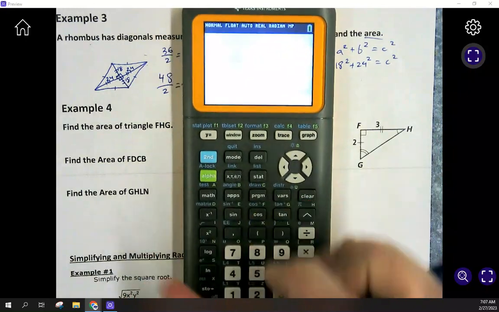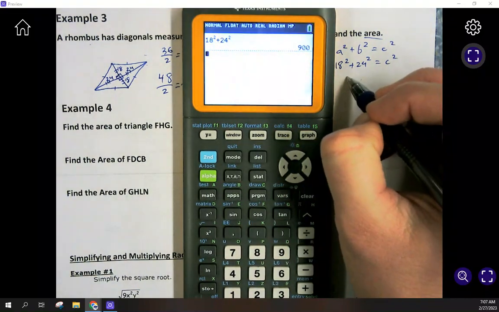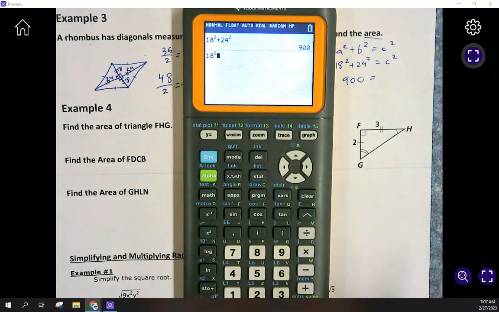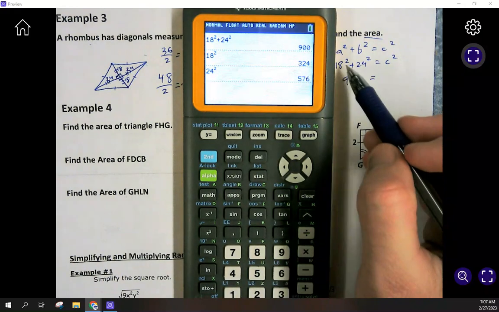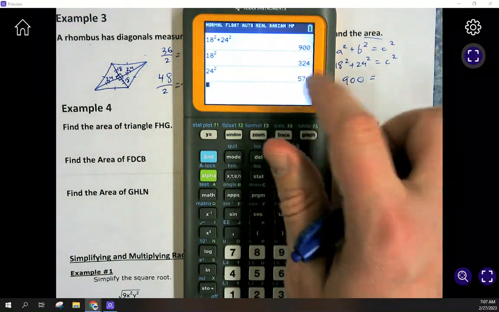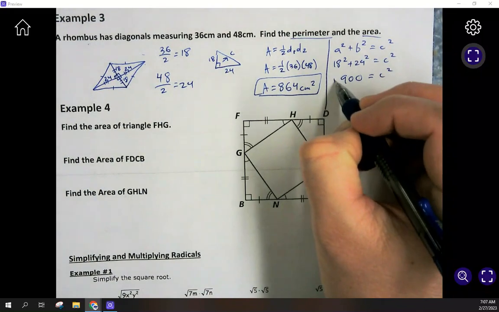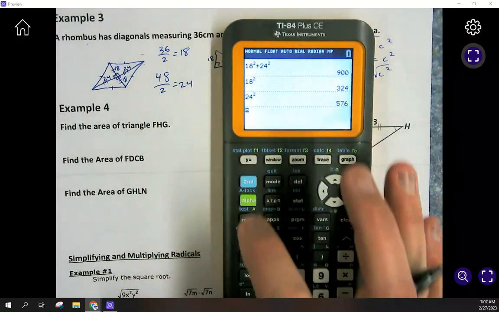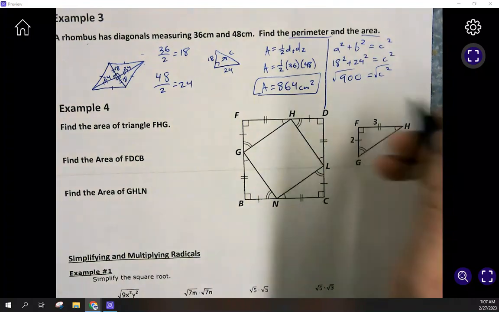But if you kind of want to simplify all at once, you can do 18 squared plus 24 squared just in your calculator, and you'll get the fully simplified version of it, which would be the same as doing 18 squared, which is 324, 24 squared, 576. You could write those and then add those together, and you'll get the 900. So C squared equals 900. We need to take the square root to find out what C is by itself. So I'm going to do the square root of 900, and that is 30.